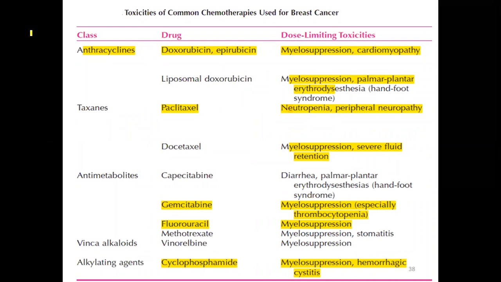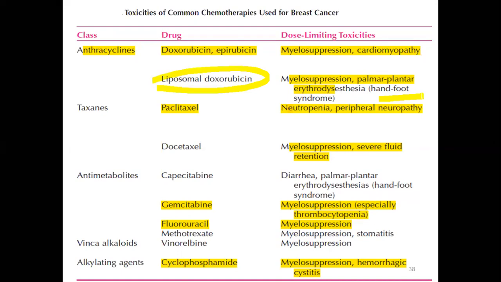Doxorubicin, what do you expect when you take doxorubicin? Cardiomyopathy. Yes, cardiomyopathy. So echocardiogram and assessing the cumulative dose is usually mandatory. Okay, good. Liposomal doxorubicin, hand-foot syndrome is very common. We have mentioned that when we were discussing it. Then myelosuppression.